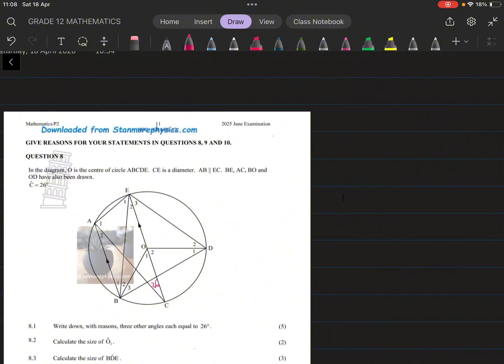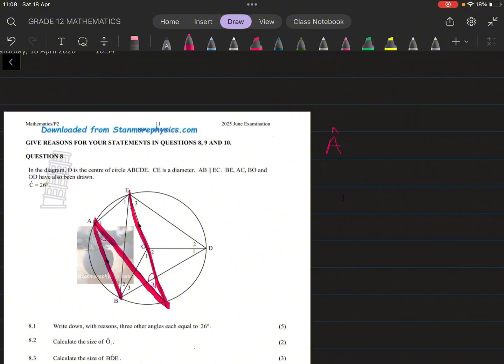We are given the parallel lines. Given the parallel lines, AB is parallel to EC, and then we have alternate angles. So simply angle A2 will be equal to angle C. Let's take it down.